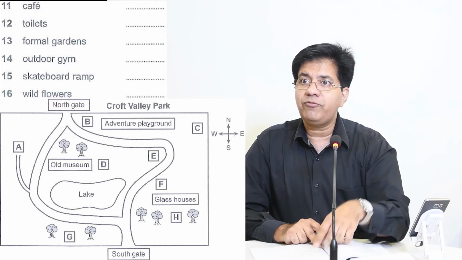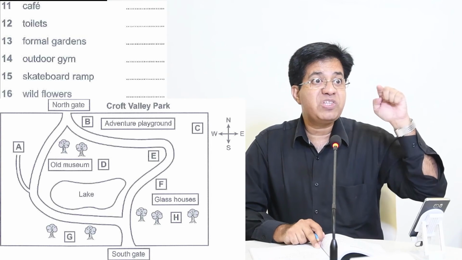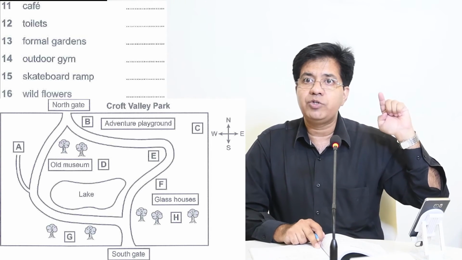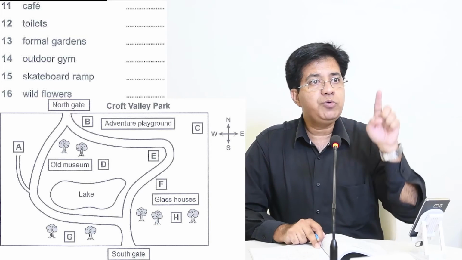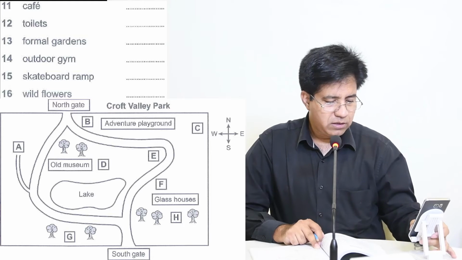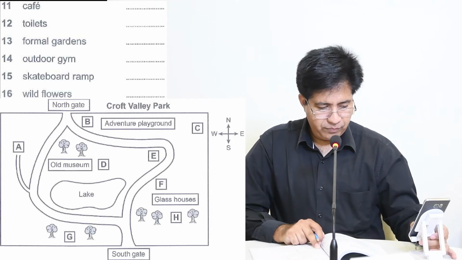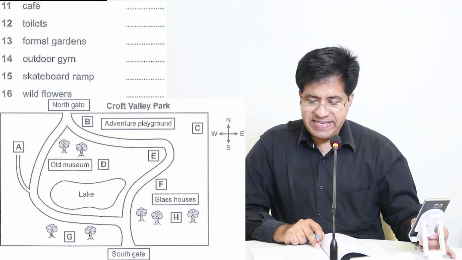So you should be careful, they used to be. Whenever there is a map, maps are of present time in IELTS listening part 2. So whenever they give you a map, you need to focus on the present tense, not the past tense. Behind the old museum, but we've now used the space near the south gate. Now use the space near the south gate.